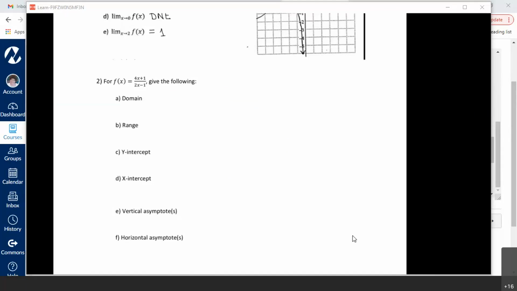So here, what kind of a function is number 2? Anybody know what family it belongs to?